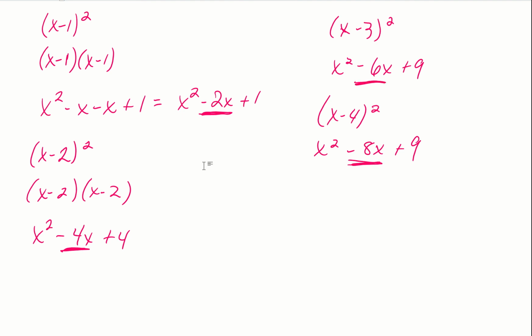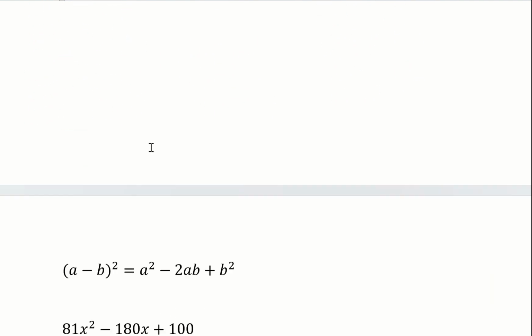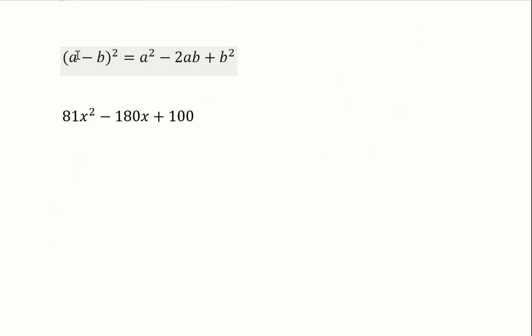And so we can write out a generalized formula for when we're subtracting inside the parentheses. And it looks like a minus b quantity squared is a squared minus 2ab plus b squared. So it's the same pattern, except we're just subtracting here instead of adding.